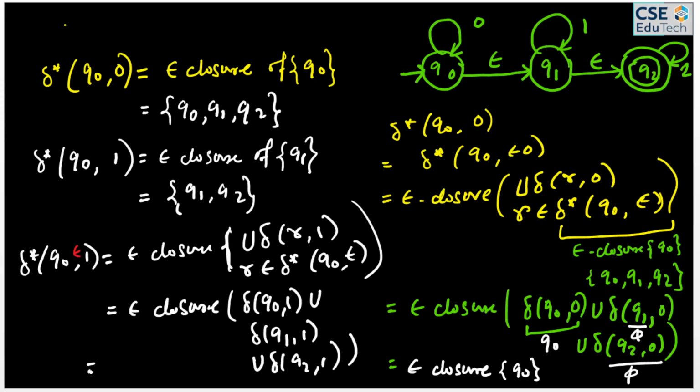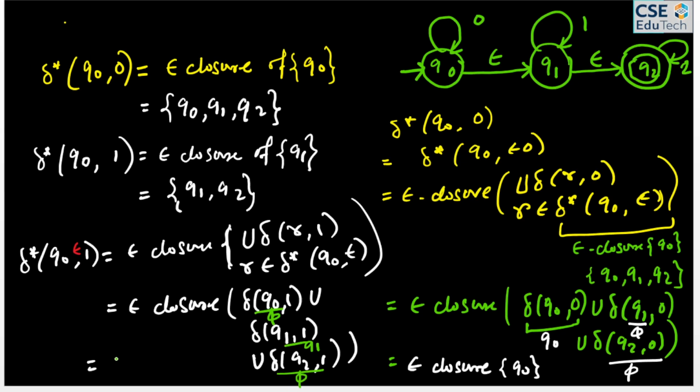Q naught 1 gives null, Q1 1 gives Q1, and Q2 1 gives null. That's why I have written here the epsilon closure of Q1, which is nothing but Q1 and Q2.